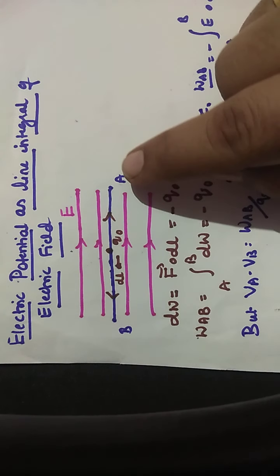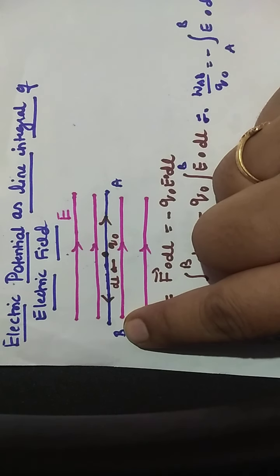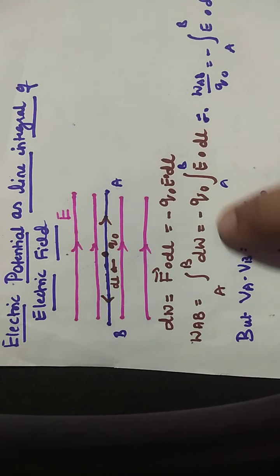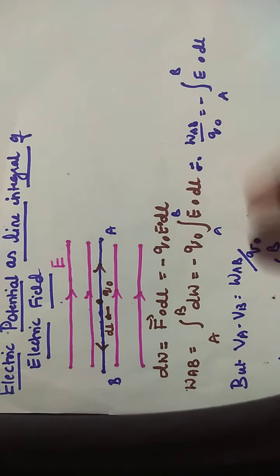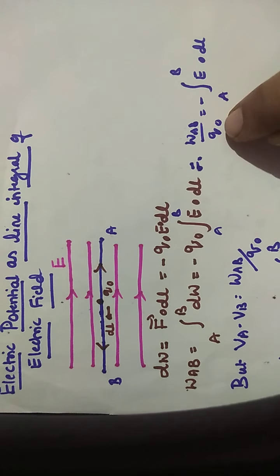Now if the charge is to be moved from point A to point B, we have to integrate this between the limits A and B, which will be equal to minus Q naught times the integral of E dot dl from A to B.